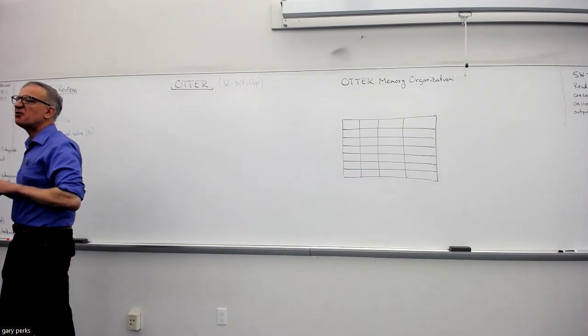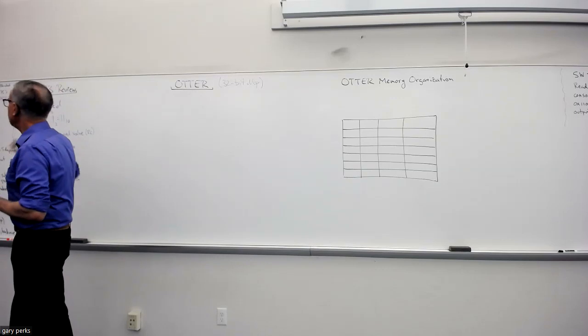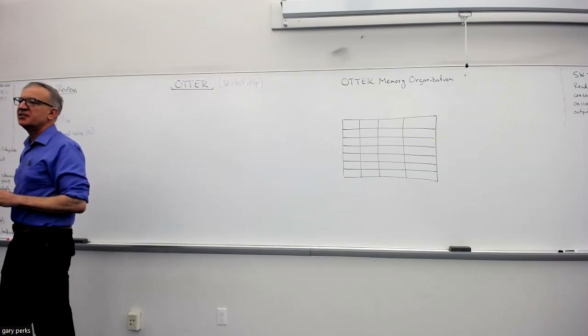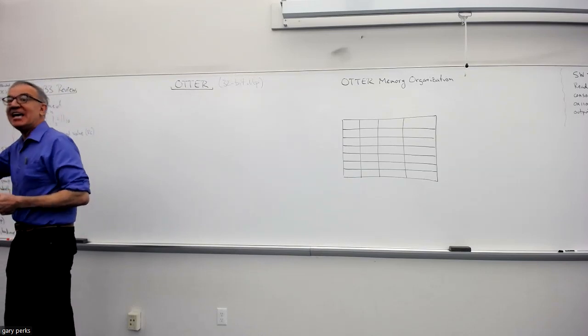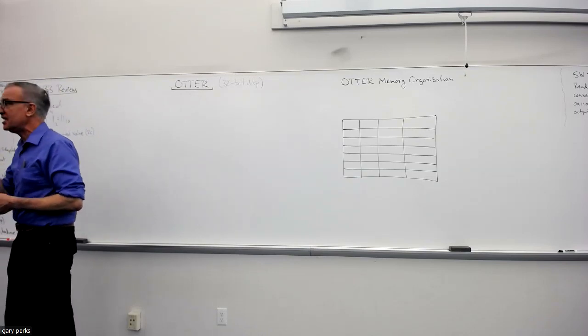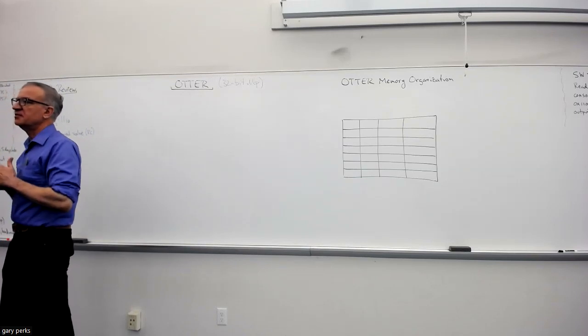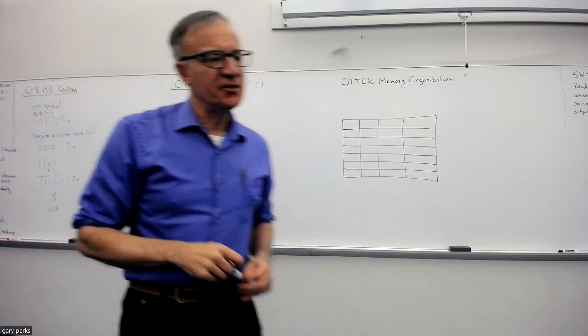Okay? That's probably the most important thing in this review that has to do with your assignment that you're going to start later. Because in that assignment, you have to negate a binary value. How do you negate it? Take the two's complement: flip the bits, add 1.